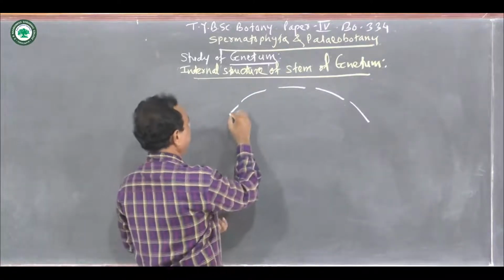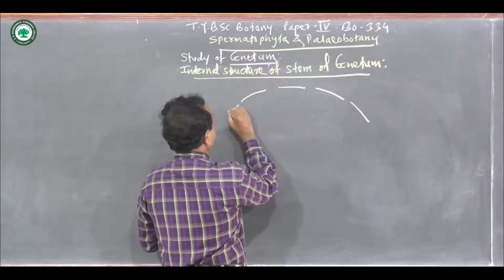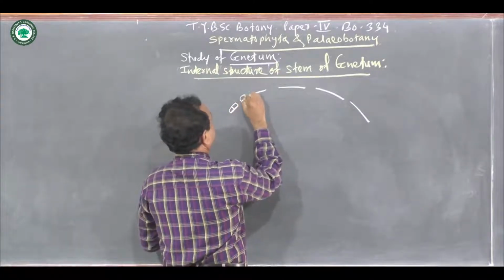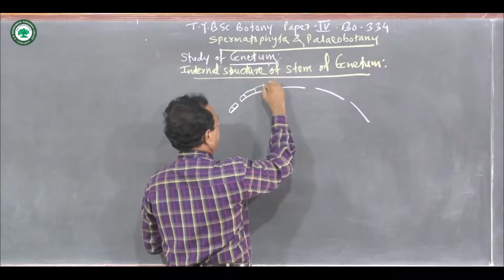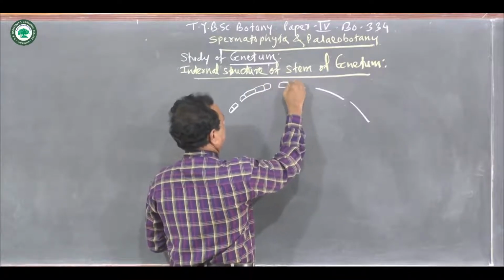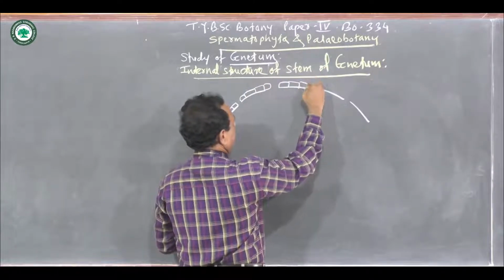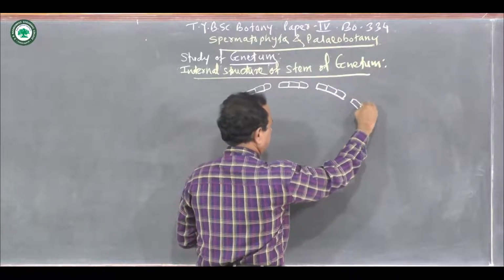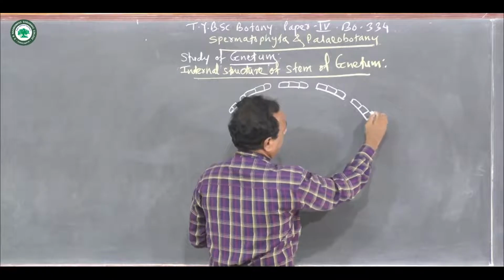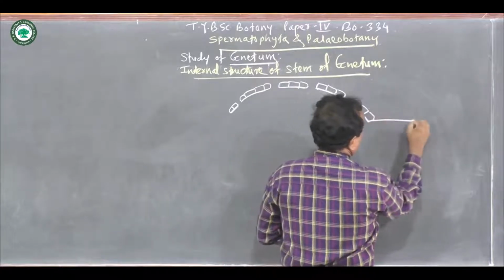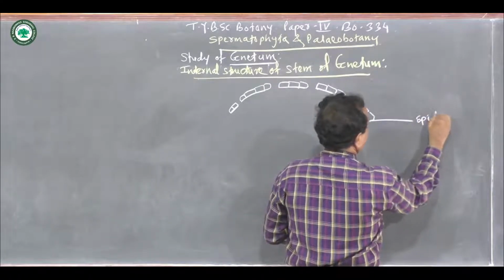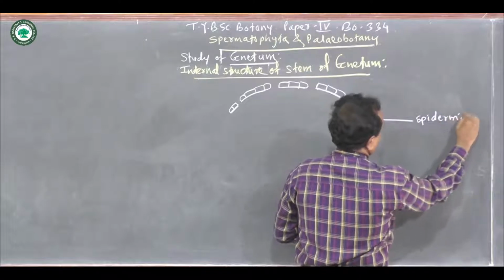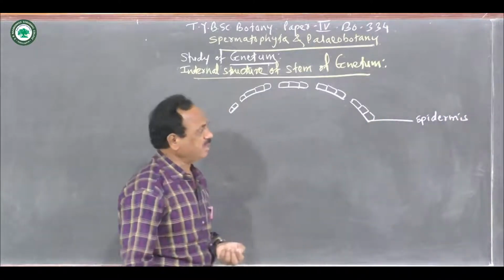This epidermis is single layered. Cells are rectangular in shape, and the epidermis, being the outermost layer, has the function of protection.